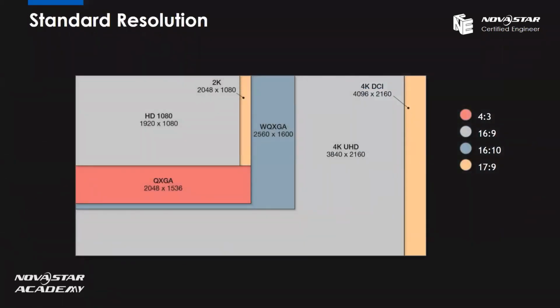With the development of this industry, the pixel pitch is becoming smaller, so the resolution of the LED screen becomes higher and higher. In this picture, we show you some common standard resolutions from Full HD to 4K resolution.